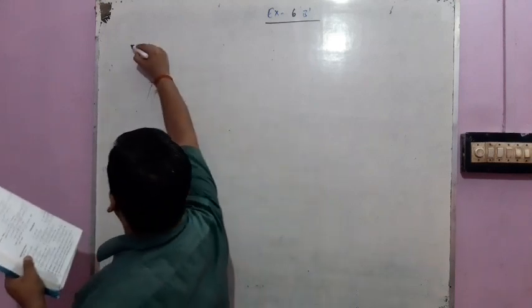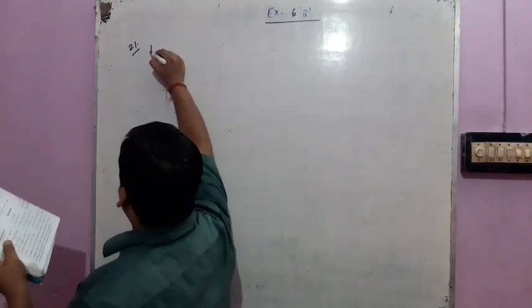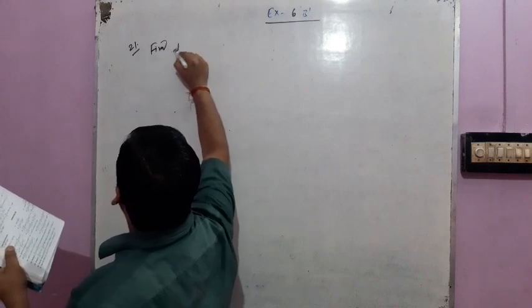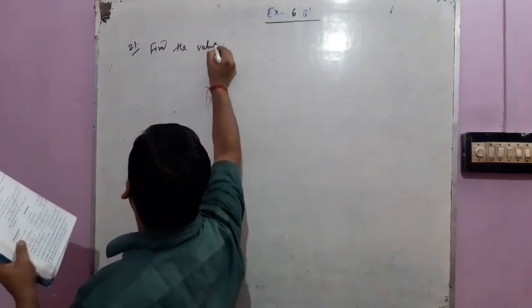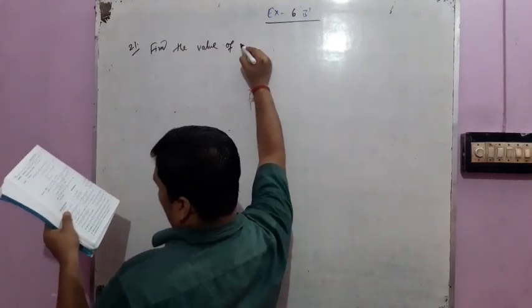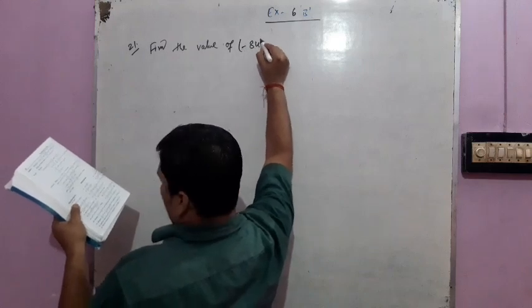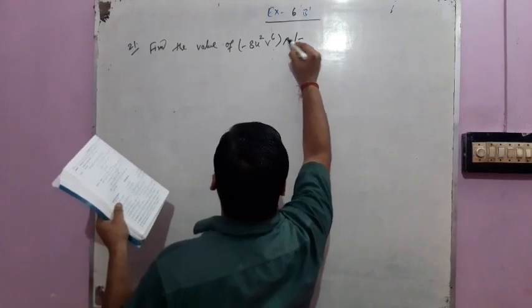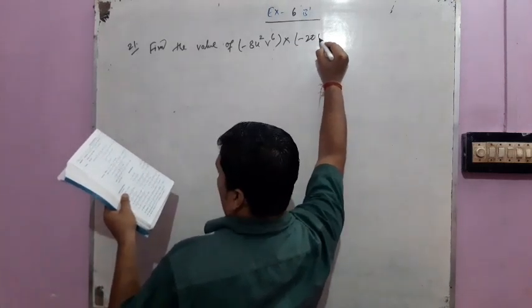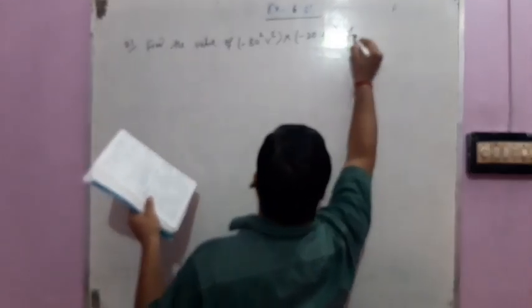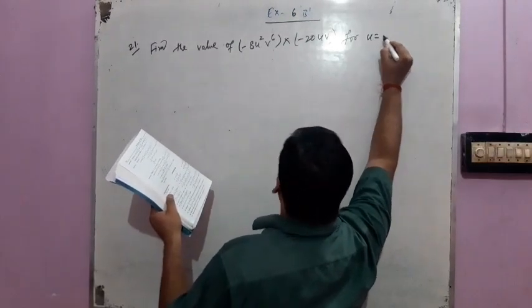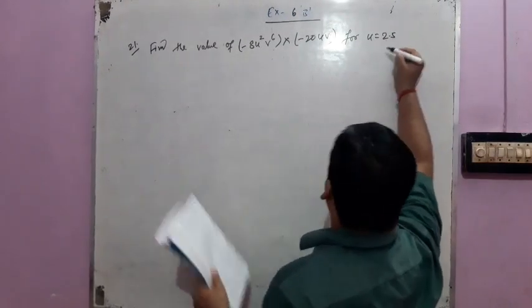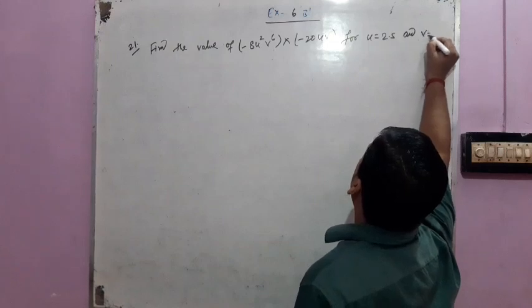Now in question number 21, it is given: students, find the value of minus 8u square v to the power 6 into minus 20 uv for u is equal to 2.5 and v is equal to 1.